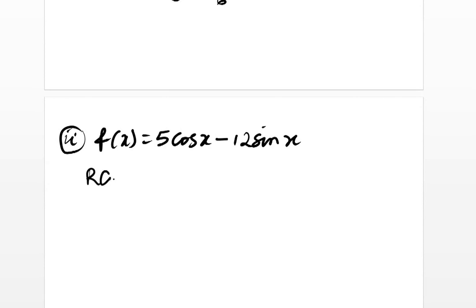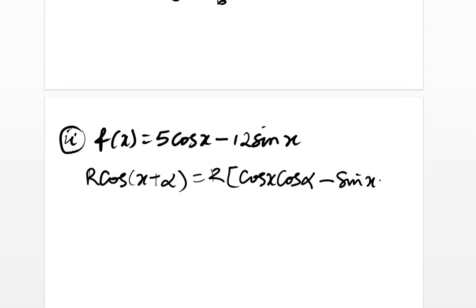R cos(x plus alpha), what does that mean? If you are expanding cos(x plus alpha), we have cos x cos alpha minus sine x sine alpha. Now when you are comparing the coefficients, here we have 5, which is the coefficient of cos x.